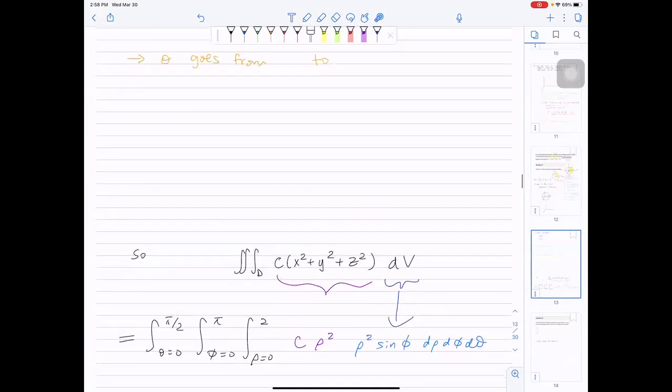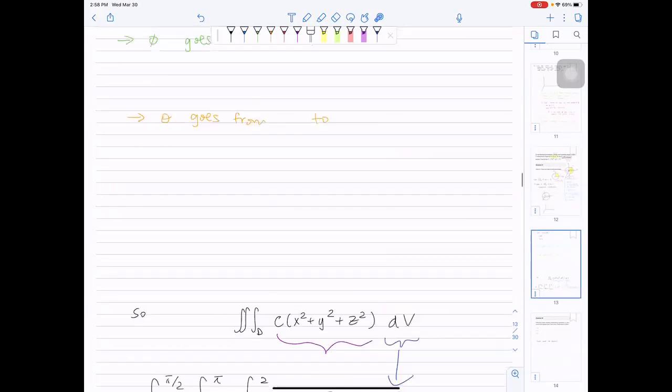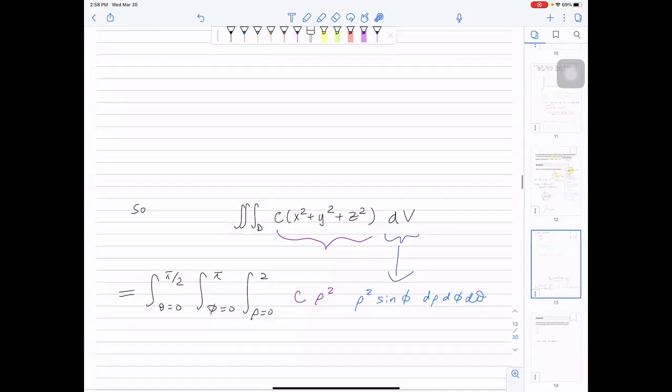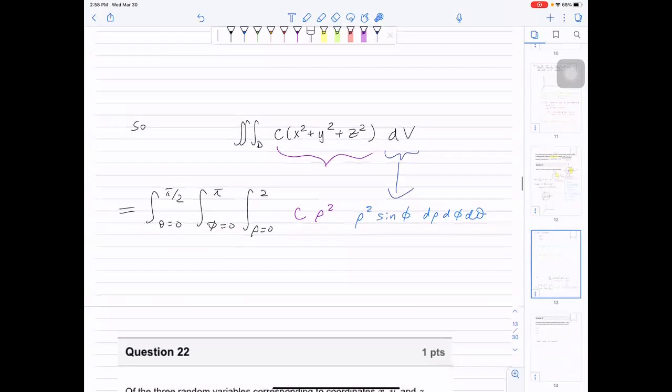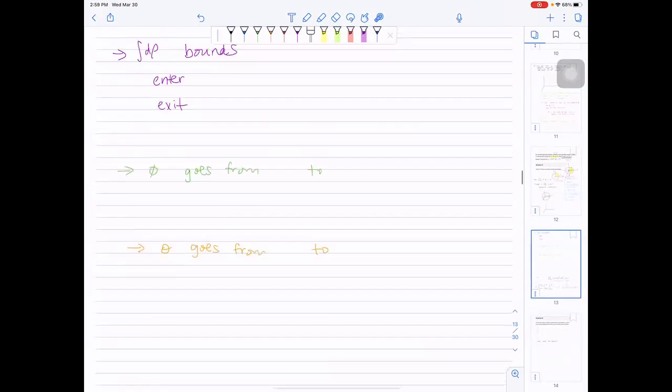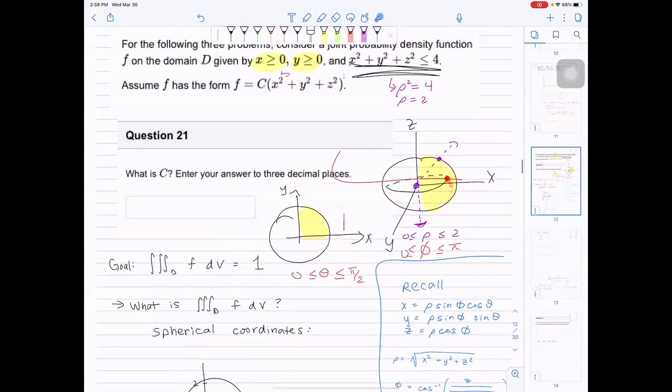Any questions on this problem? I want you to think about the next question, which will be like, out of these 3 variables, x, y, and z, which one might have an expected value of 0? Thinking about our shape.